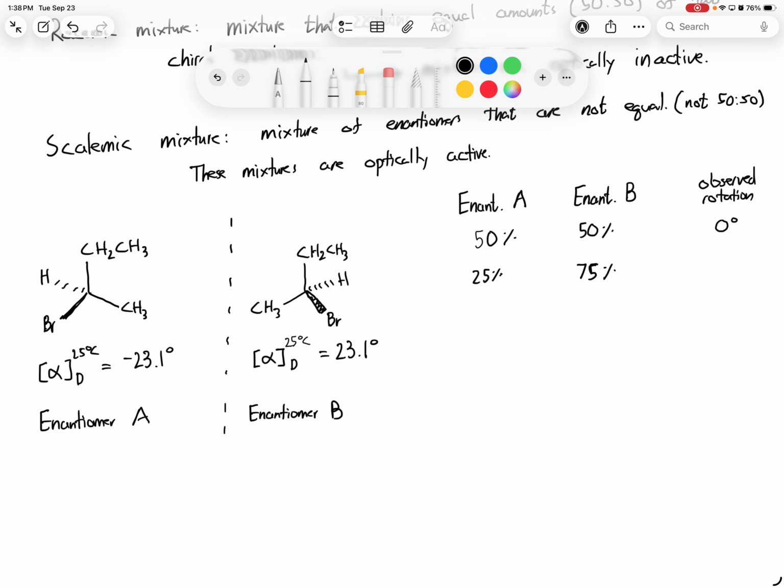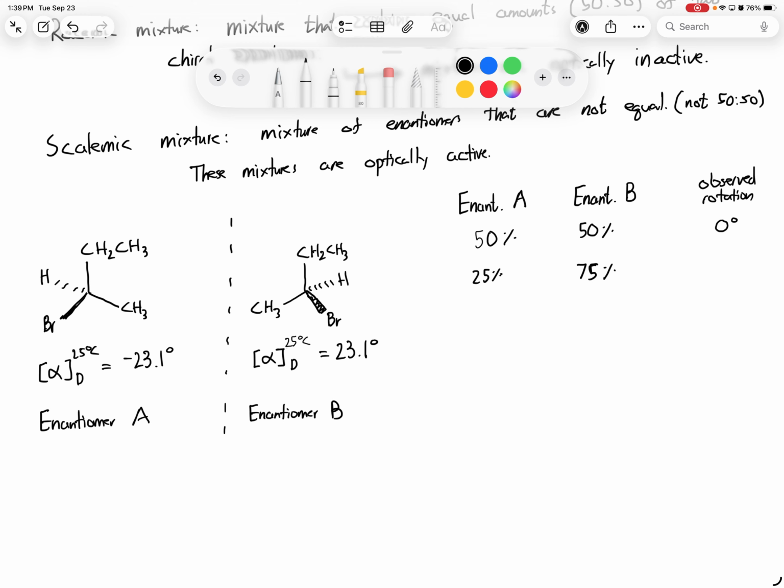So I'm going to take 50% and multiply it by the rotation of B. So what's the value for the rotation of B? Yeah, it's 23.1, right? So that's going to be about 11.55 degrees, or you can just say 11.6 since it's 3 sig figs.